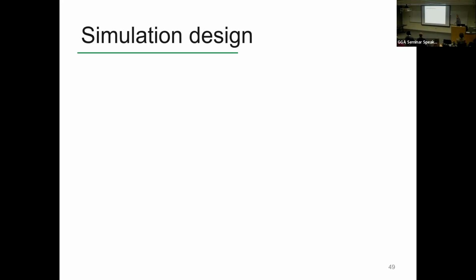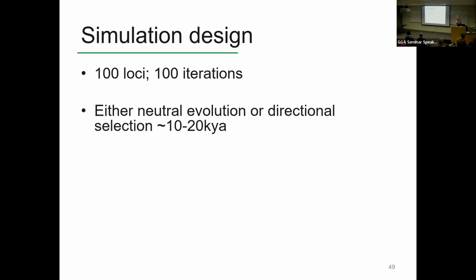So I'm going to show you a bunch of simulations where we have traits that are governed by 100 loci, 100 iterations each. I'm either going to show you directional or neutral evolution, or a period where there's directional selection approximately 10 to 20,000 years ago, if we think of the times as human scale times.